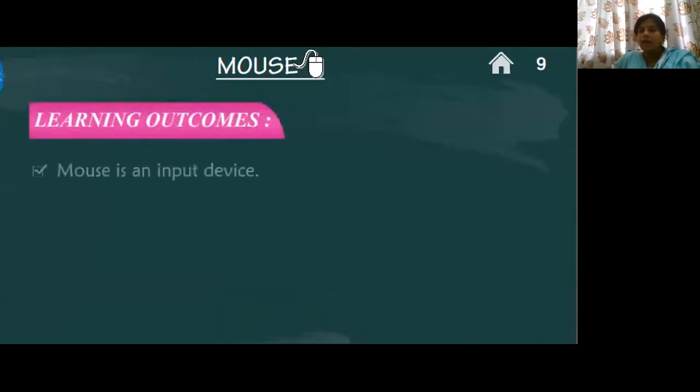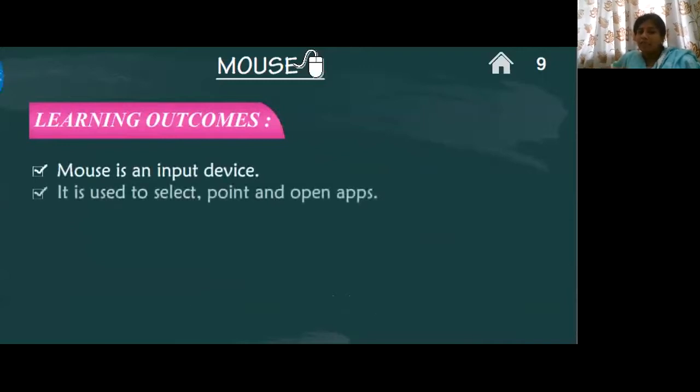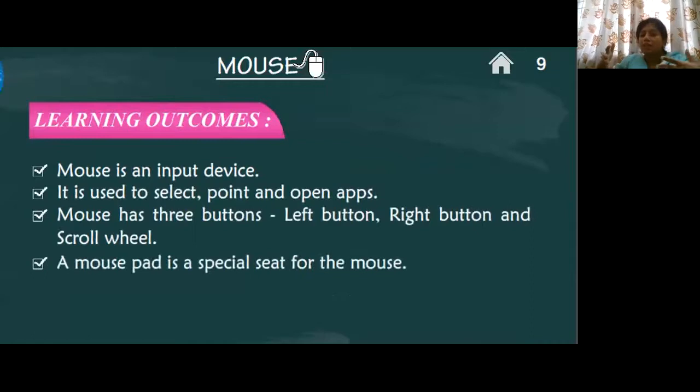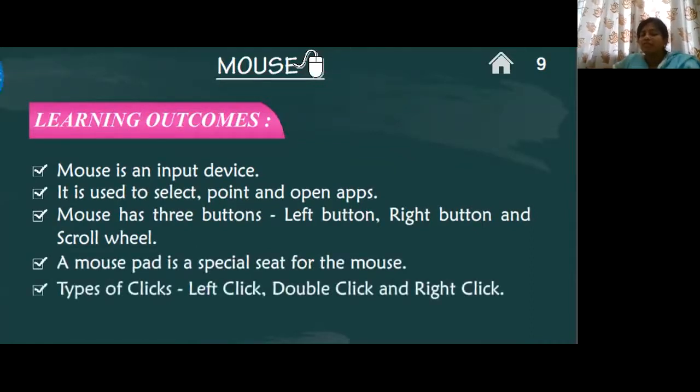Quickly we shall revise what we have learned today. It's a very small chapter. So mouse is an input device, because whenever we are using a mouse, we are sending signals to the computer. We are sending some information inside. So it is called an input device. It is used to select, find and open an app. It can be an object, it can be an app.